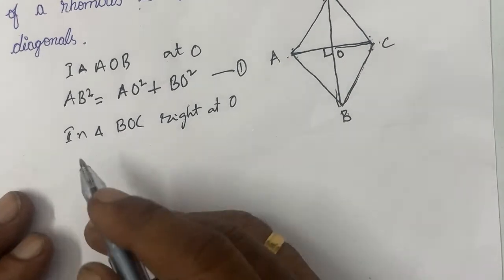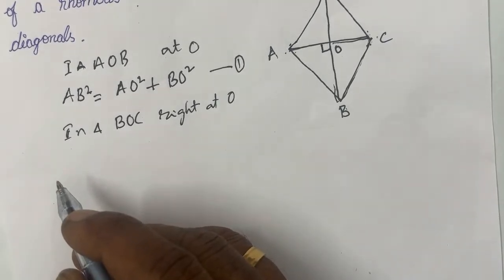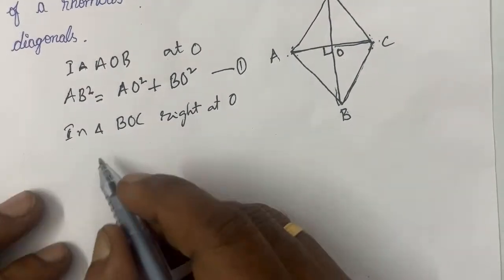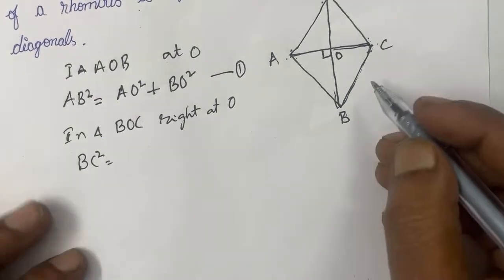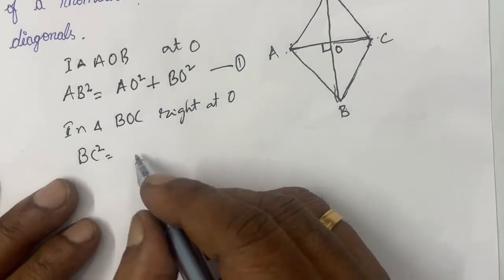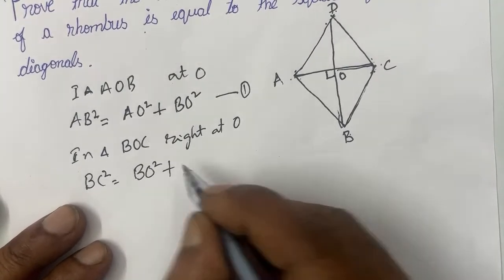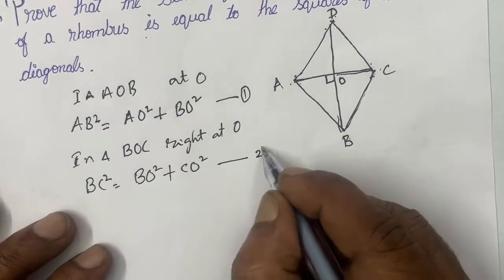So BC square is equal to BO square plus CO square. This is equation 2.